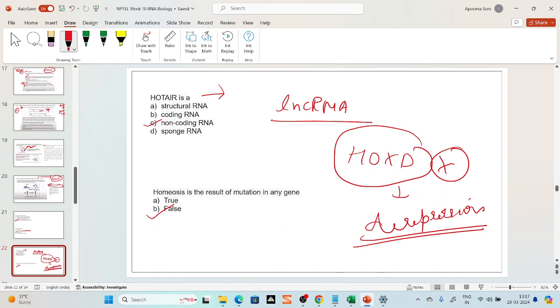Therefore, there is expression of both HOXD and HOXC. So when both HOXD and HOXC are getting expressed at the same time, then homeosis is occurring and malformations are happening. So there is no mutation in the HOXC that is happening. There is no genomic imprinting that is happening. And because there is no genomic imprinting, both of them are getting expressed.